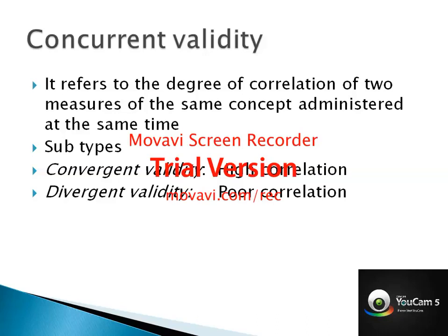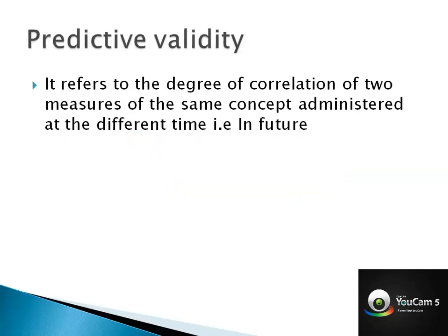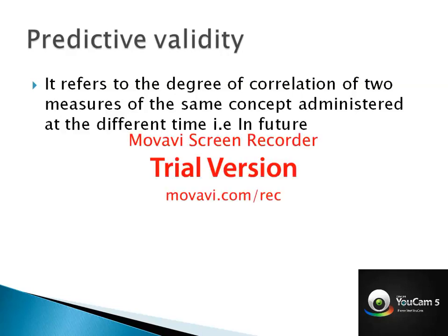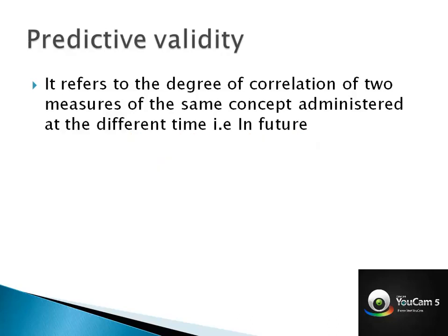The next one is predictive validity. You are comparing it in the future. For example, if you want to give a relationship between entrance test and their higher studies, you can compare the entrance test score with first year marks, second year marks and third year marks.